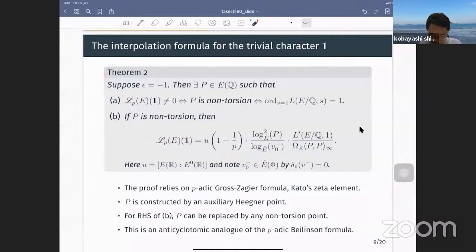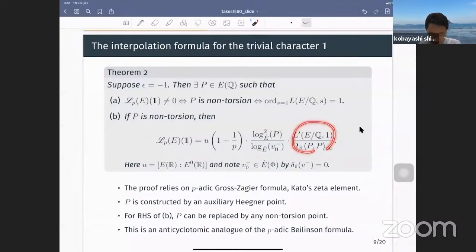So if we choose another generator, this term kills the ambiguity. And this is an anticyclotomic analog of the p-adic Birch and Swinnerton-Dyer formula. This is a certain p-adic regulator, and this is the value of the complex regulator.